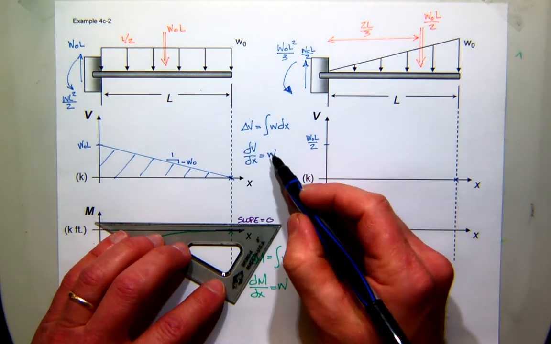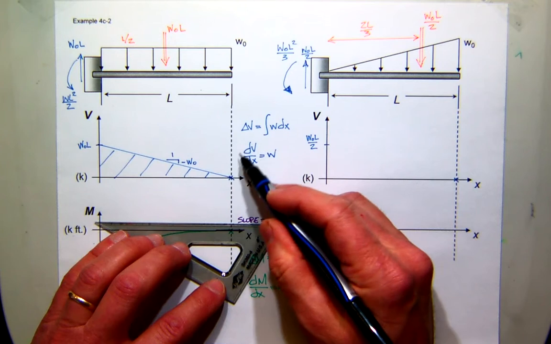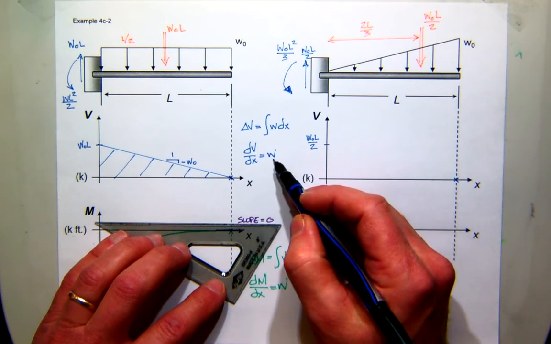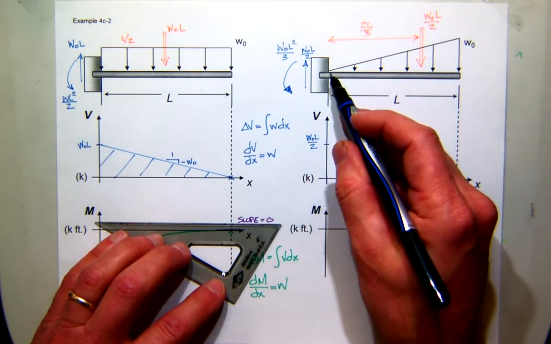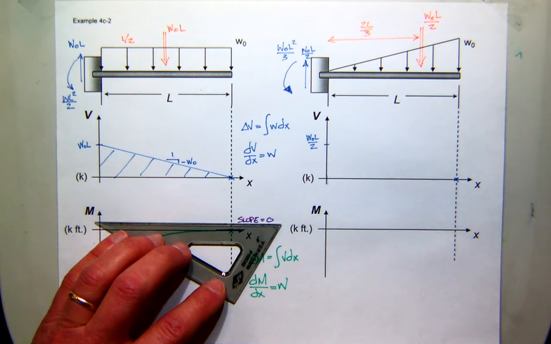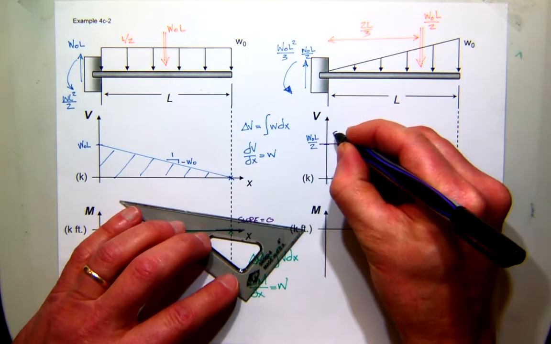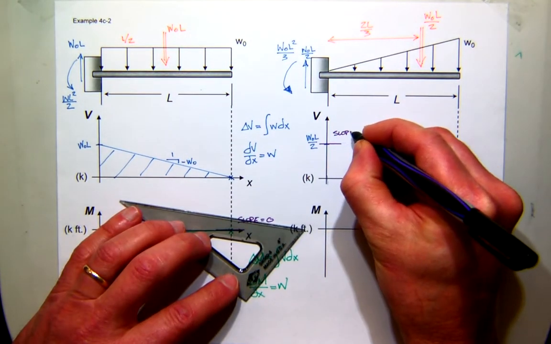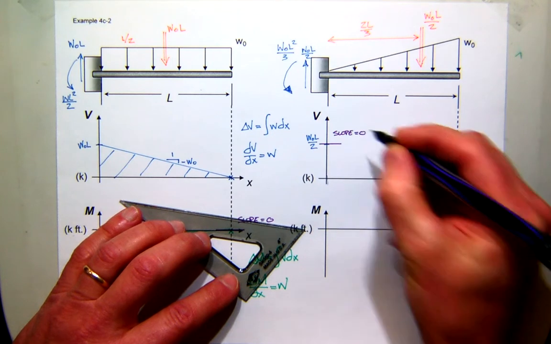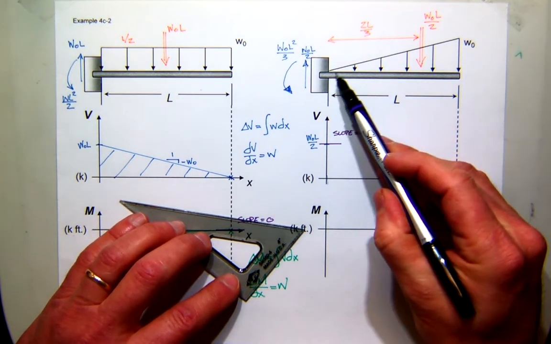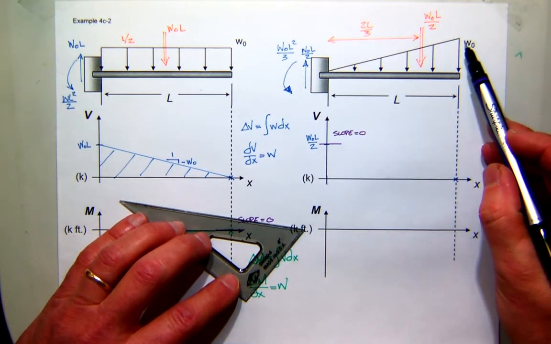What's the slope of the shear diagram? What's equal to the load? So starting here at the left-hand side, what's the value of the load? 0. So that means I've got to start here with a 0 slope. Now the slope increases to a maximum value of W naught.